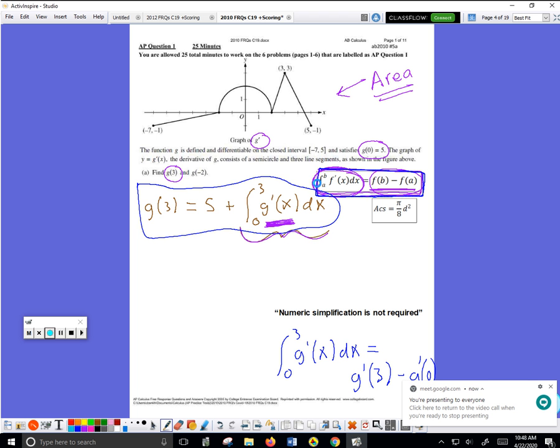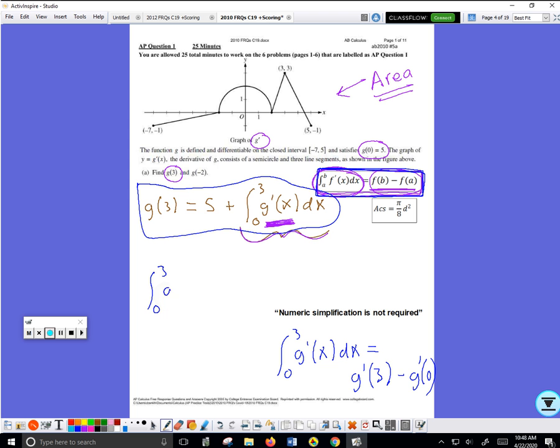But if you were given the graph of just g of x, you would be able to find that, I mean, there'd be no point in finding g of 3, but you'd be able to find that though. Yeah, I like what you said there, that if you were given the graph of g, it doesn't make sense. They wouldn't test you this way.